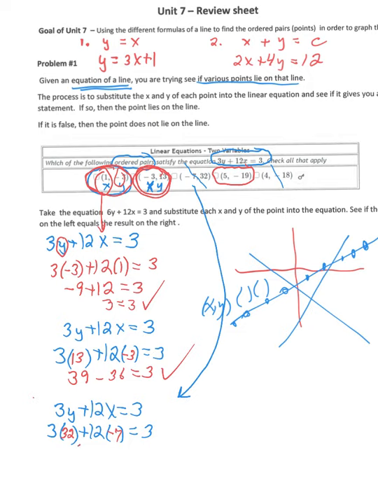And I get 96 minus 84. Well, that's 12. That sure is not equal to 3. So therefore, that one is false. All right, so you can find out which points are on the line by substituting the x's and y's into the equations. Okay, let's go to the next page.